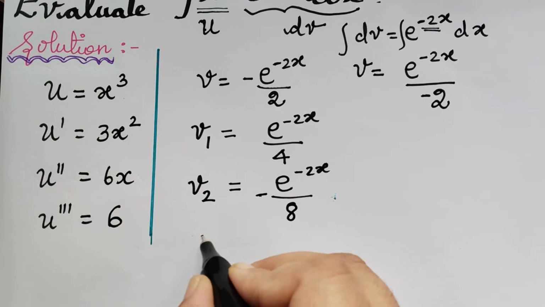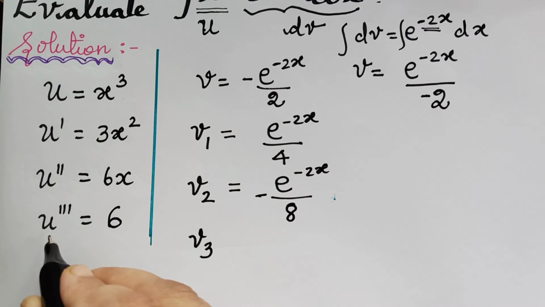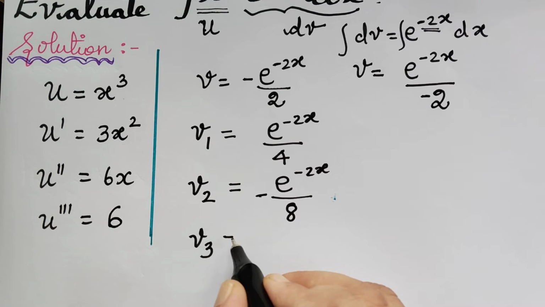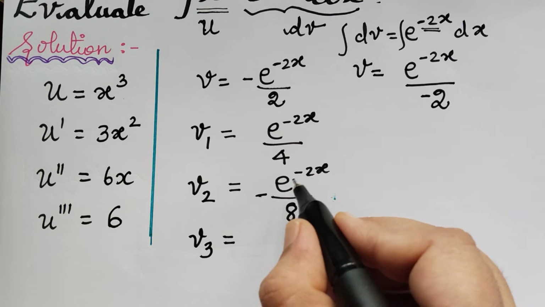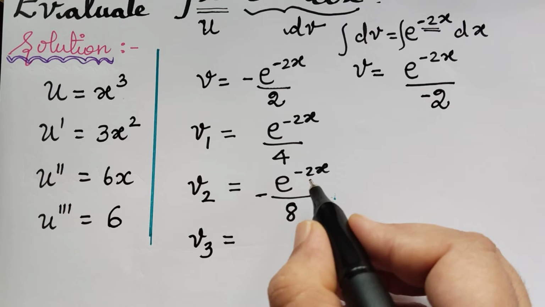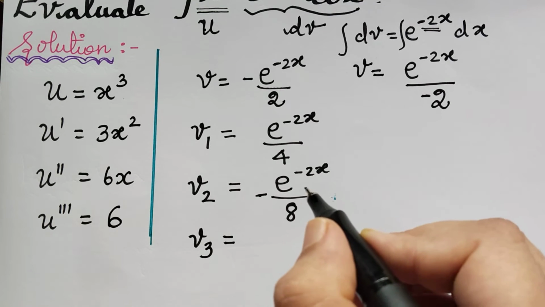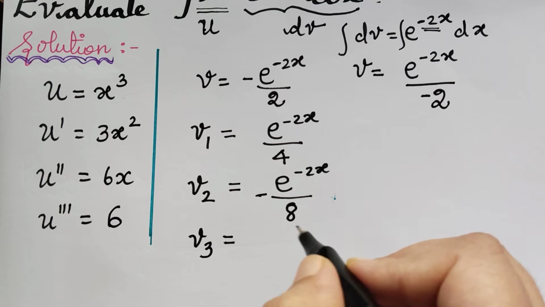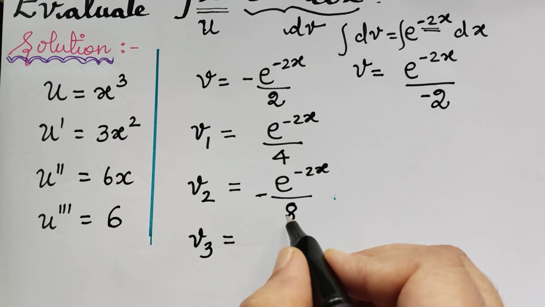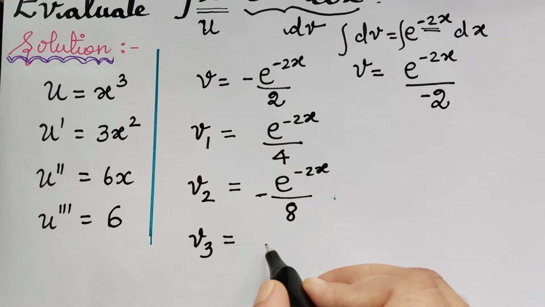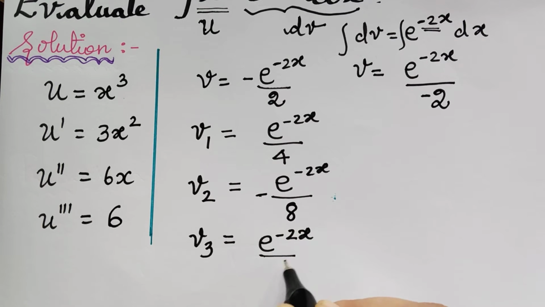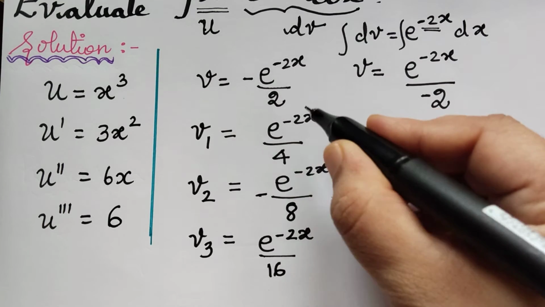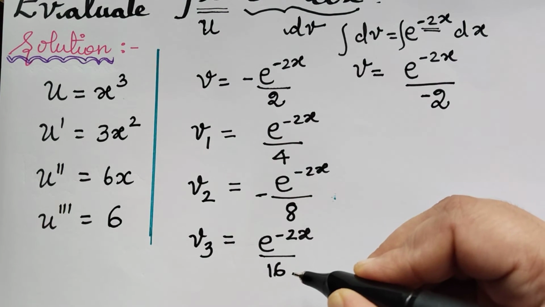Then we have to find v3 as well because we have until u triple dash. v3 is the integral of this, e power negative 2x, which when integrated gives us negative e power negative 2x divided by 2. So the 2 gets multiplied with this 8, and minus into minus becomes plus, and so we get e power minus 2x divided by 16. If you go through this patiently, definitely you will understand.